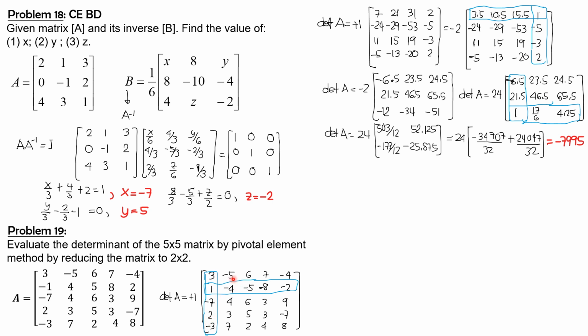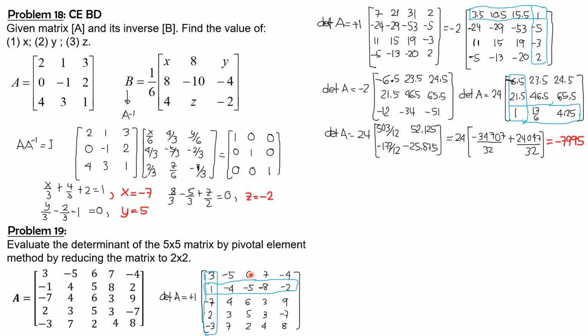So I'll just explain this, the new elements here and this element here, then check the rest, to save time. First, negative 5 minus 3 times negative 4, so negative 5 plus 12 is 7.